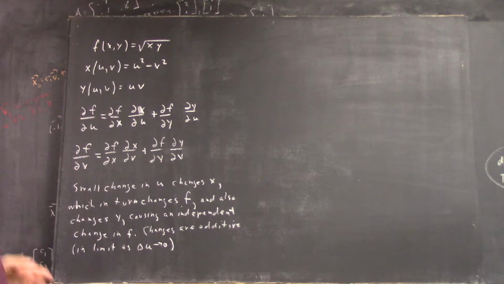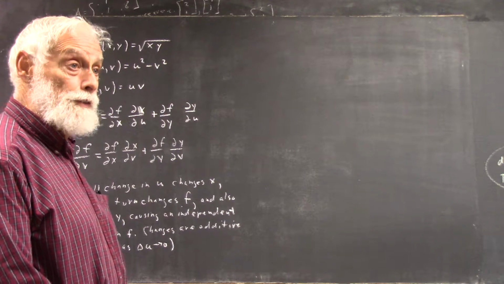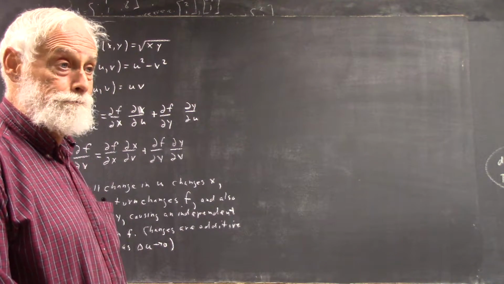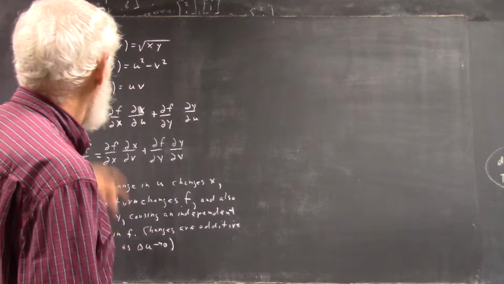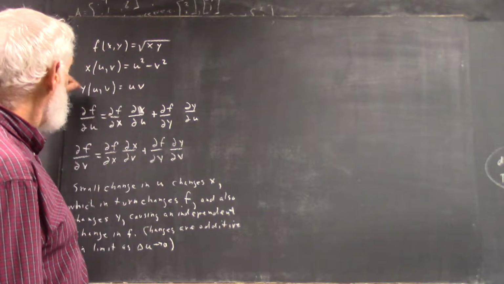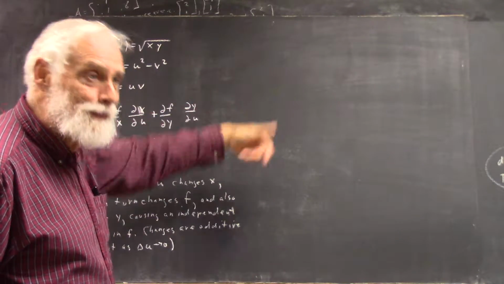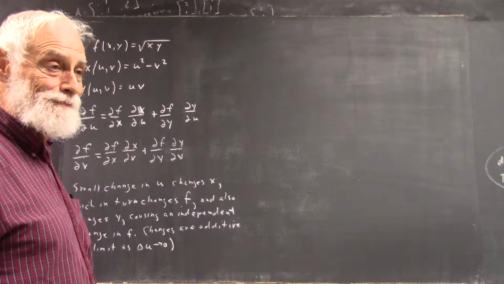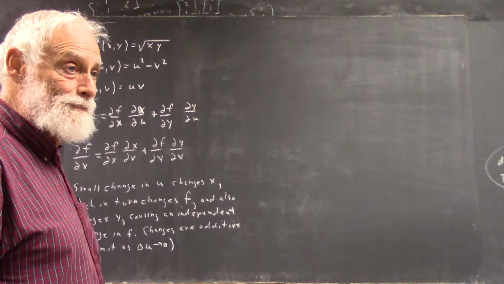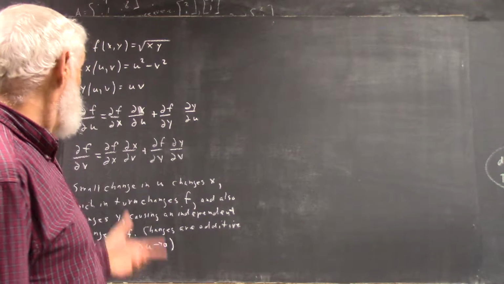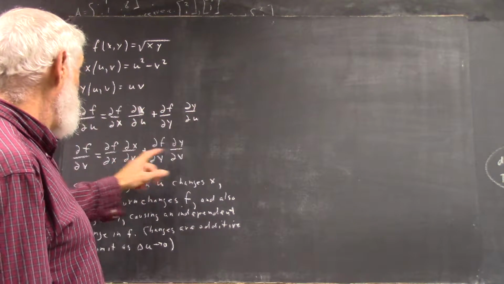Okay, that's pretty much the main ideas of the chain rules. And if it was an f of x, y, z, and you had an x, a y, and a z function, we just add a partial with respect to z. What if u and v were functions of t? Well, then you would have a dt here and here and here and here.